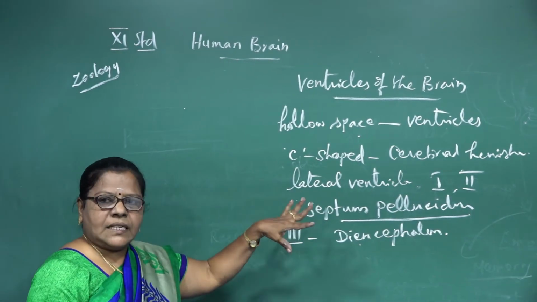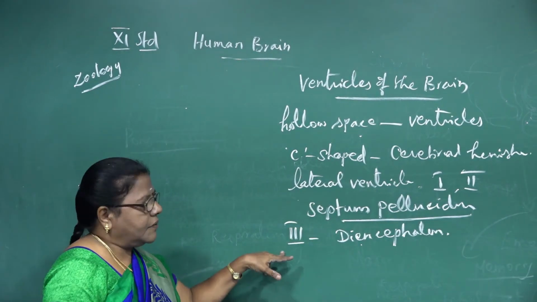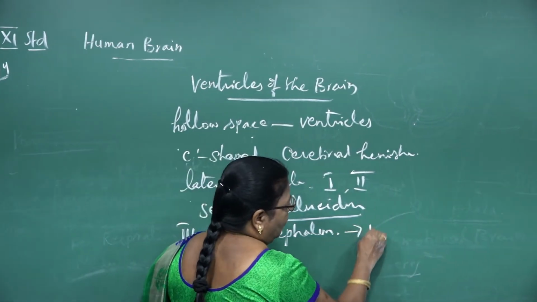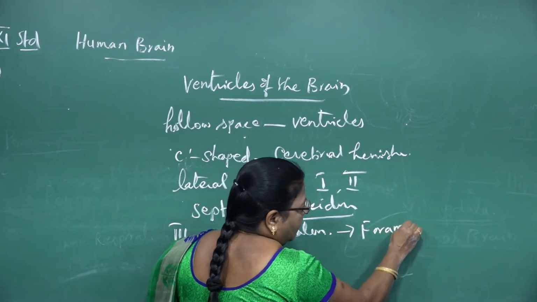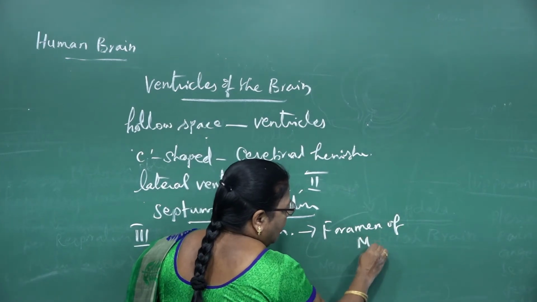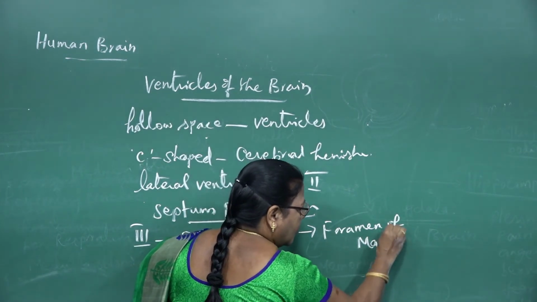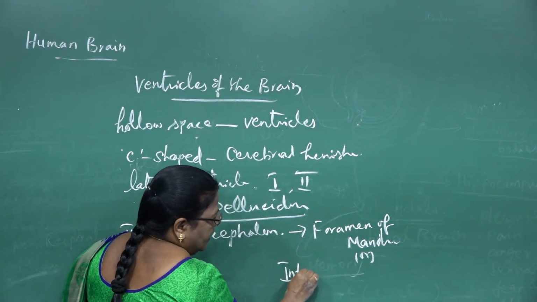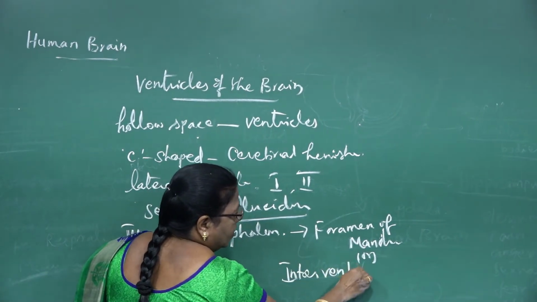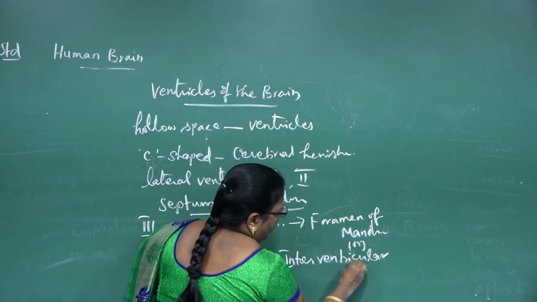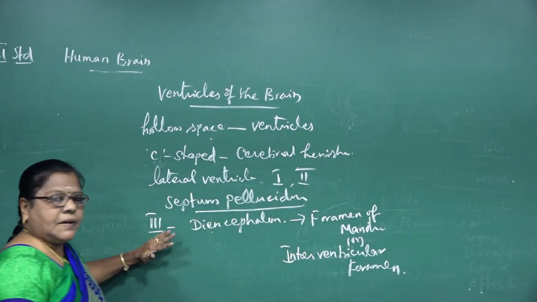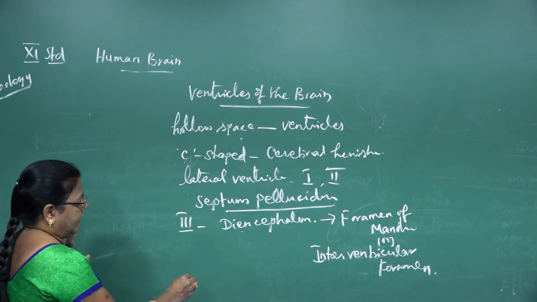The first and second ventricles communicate with the third ventricle through one opening that is called the foramen of Monro, or interventricular foramen. The third ventricle opens into the fourth ventricle.